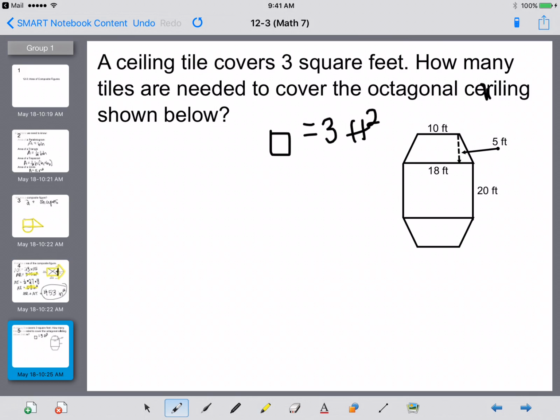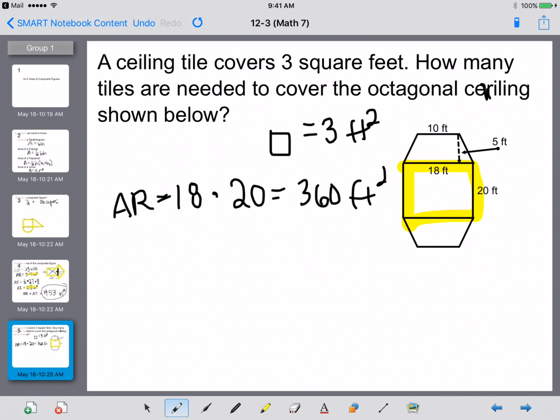First thing we'll do is find the area of the rectangle, because that's the easiest one for me. So the area of our rectangle is our base of 18 times our height of 20 to get us 360 feet squared.